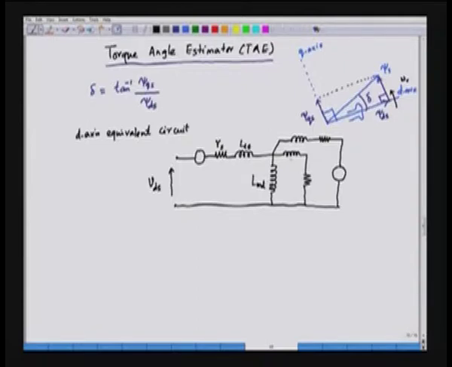This part is the damper leakage inductance LLKD, the damper resistance is RKD, the field leakage is LF, the field resistance is RF, and the field applied voltage is VF.